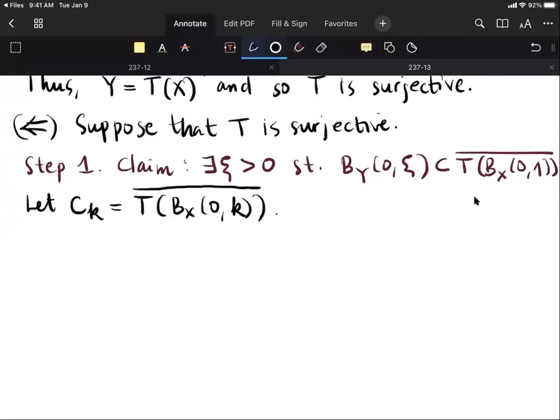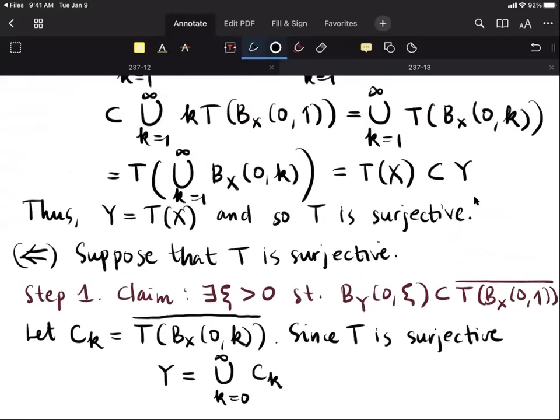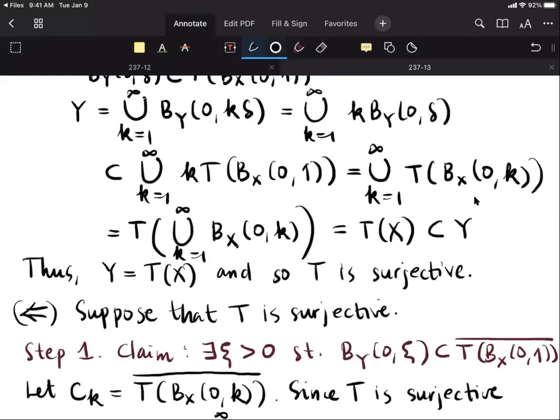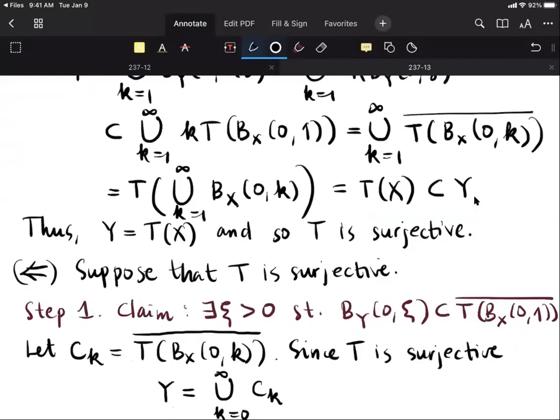Now, since T is surjective, Y can be written as the union of this C sub k. Well, what you can do is, of course, these are all valid if you replace this by the closure. That is basically C sub k.